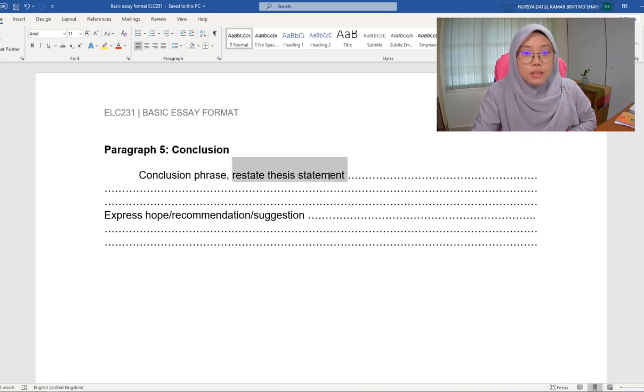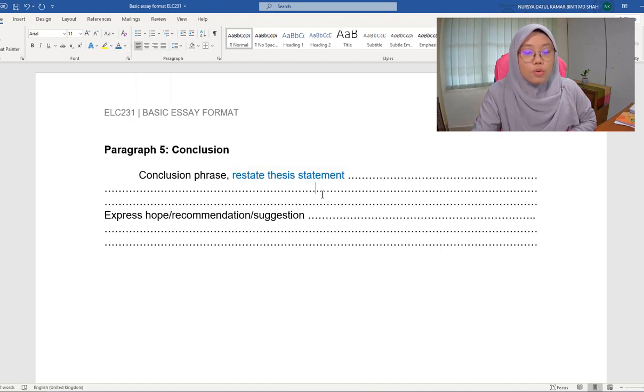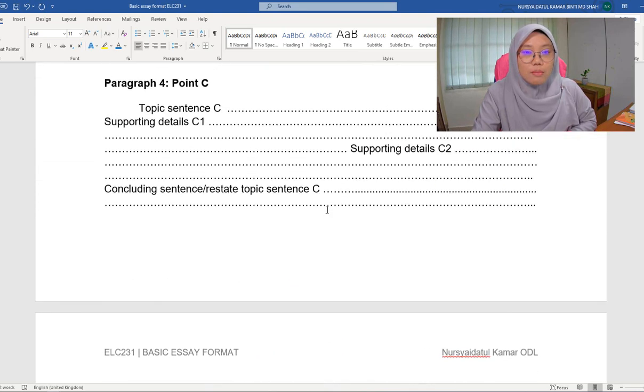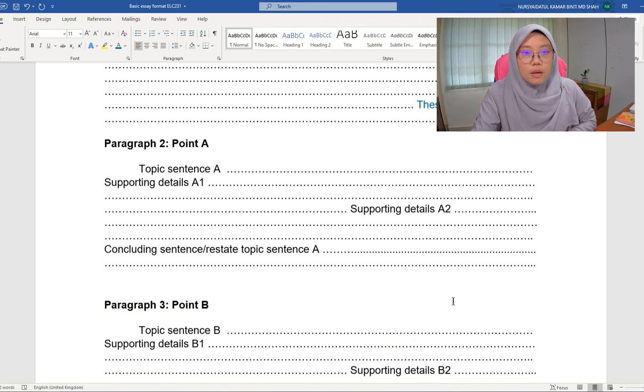This is the thesis statement, right? Let me highlight this for you. Where are you going to find your thesis statement? Your thesis statement is available here in your introduction paragraph. So this is your thesis statement.